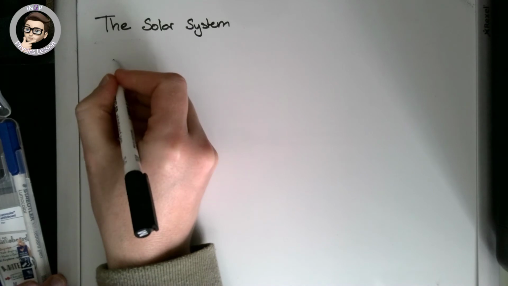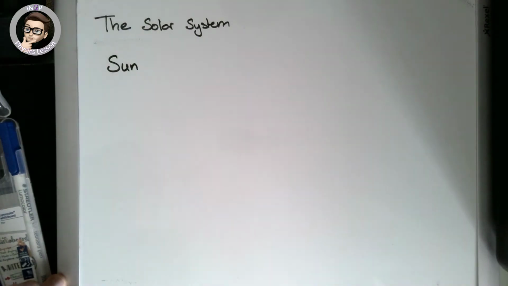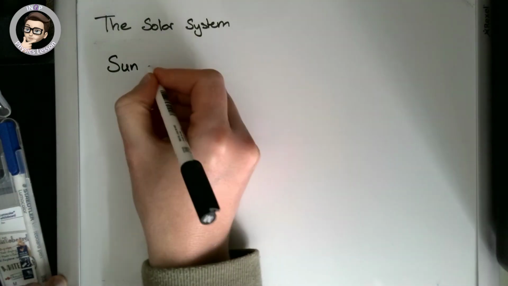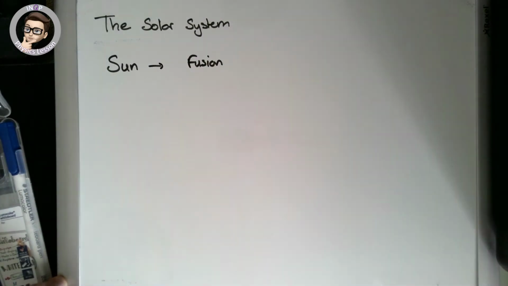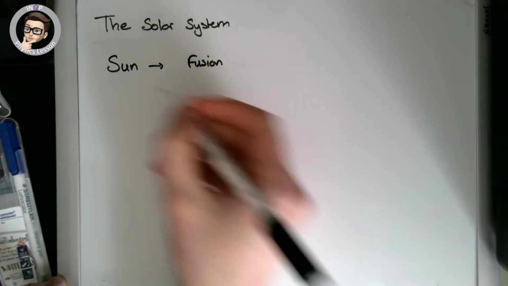Let's go through what we know about the solar system. Well, we start at the centre with our sun, and as we know, that is a fusion process, and it's emitting light energy and thermal energy, which is allowing us to live on Earth, basically.